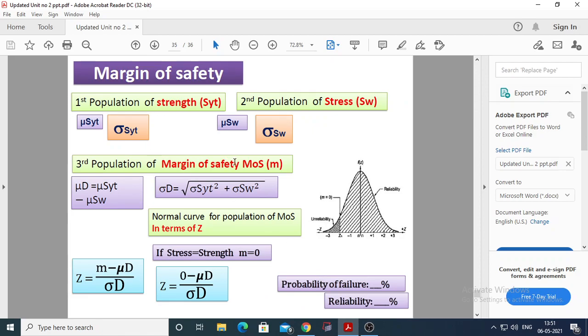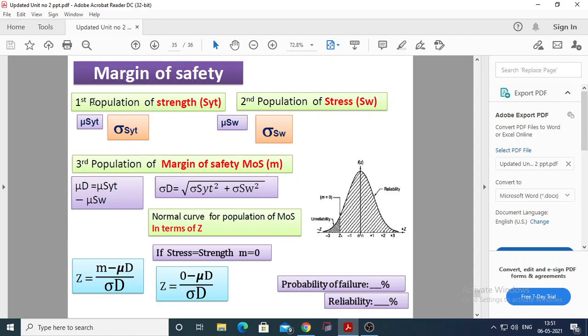We'll see the details. The next is the margin of safety. What is the margin of safety? It is the difference between the material strength and the stress.